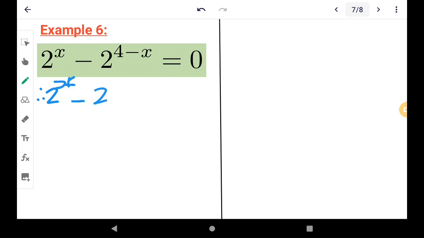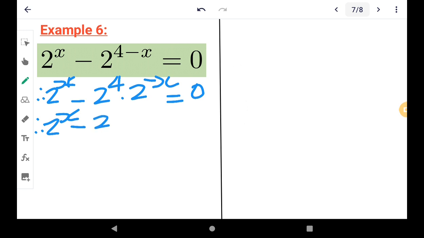That's minus 2 to the power of 4 times 2 to the power of negative x equals 0. Now take the 2 to the power of negative x below. That becomes 2 to the power of x.